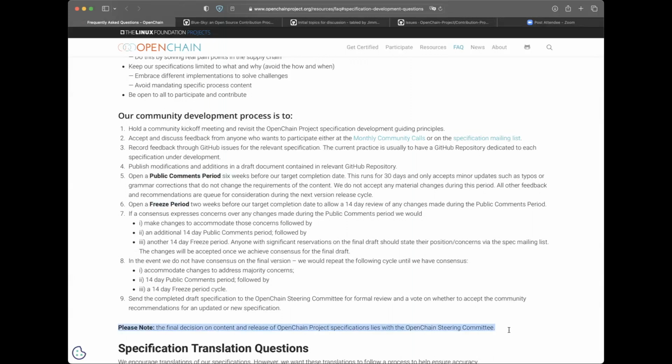This has some implications. One of the main ones is that our work creating a new draft standard does not guarantee that that standard will be released as an official OpenChain standard. We're drafting a document collaboratively in a way that's open to everyone, but the final determination, the final vote of whether that goes out as an OpenChain standard lies with the steering committee.